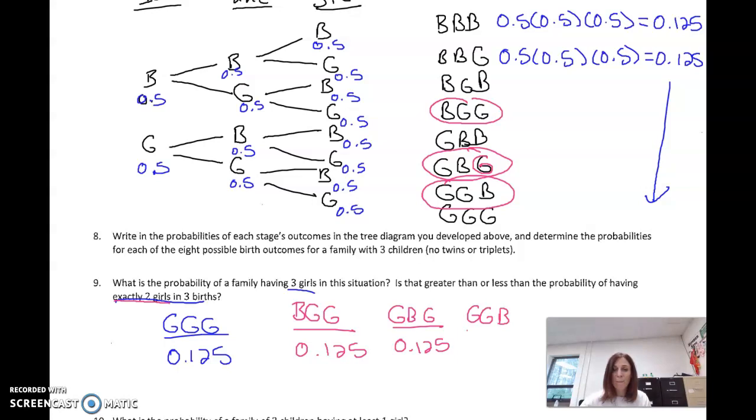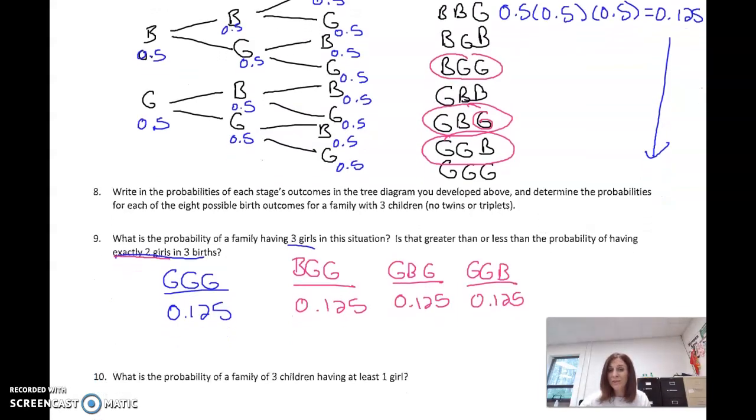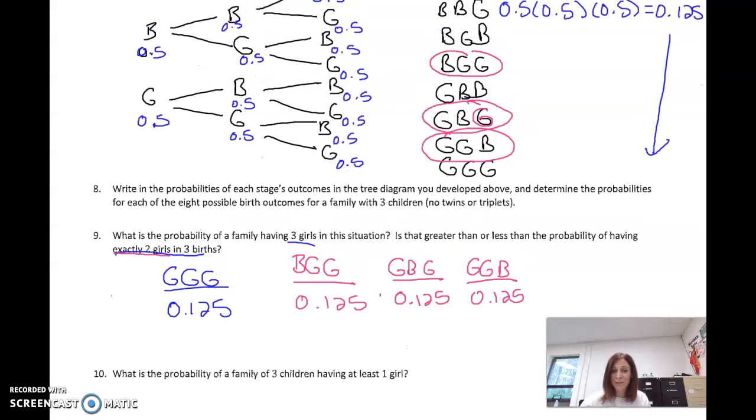When we're talking about multiple outcomes, what do we do? Within the tree diagram, we multiply to figure out the probability. When we're talking about more than one outcome, though, we add them together. So, is this less than or greater than? Okay, this is going to be less than. Your chance of having 3 girls is less than your chance of having exactly 2 girls.